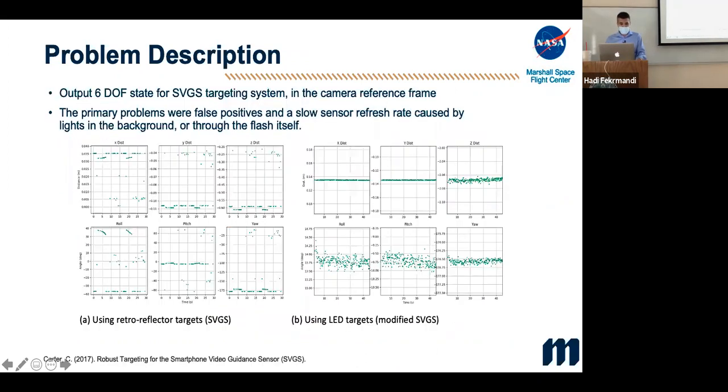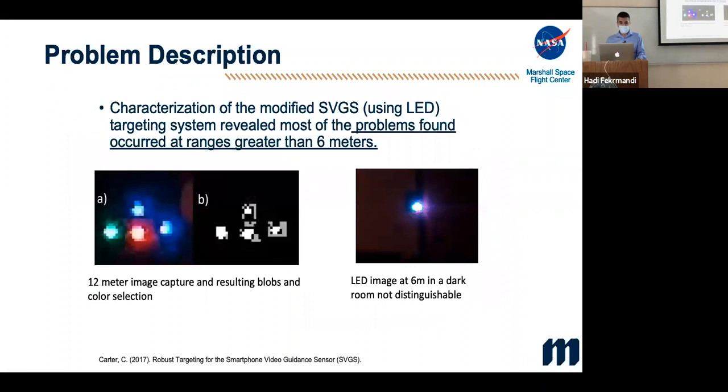The left 6 are from the retroreflectors, the right 6 are from the LEDs, and that's pretty reliable when it comes to this sort of state estimation done by SVGS. But every time SVGS has been used, it has been for very short distances. Here you can see, of course, the targets were very small. So the idea is that the targets are installed somewhere, and that target becomes a measurable reference.